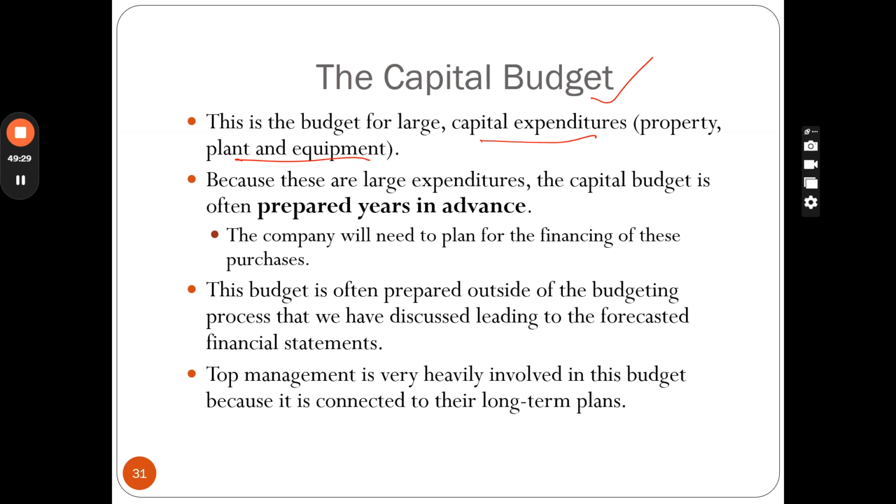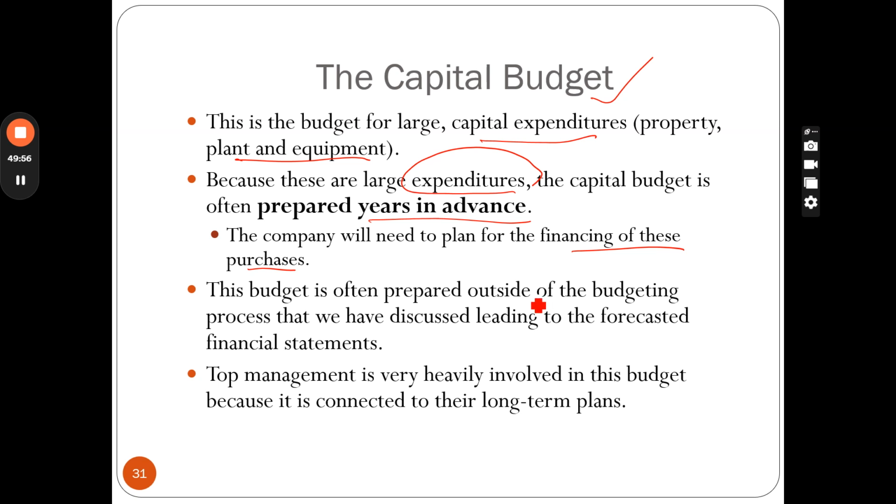And because these are large expenditures, the capital budget is prepared years in advance. So normally a capital budget will be prepared many years in advance, because this involves huge investment, and the company will need to plan for the financing of these purchases.